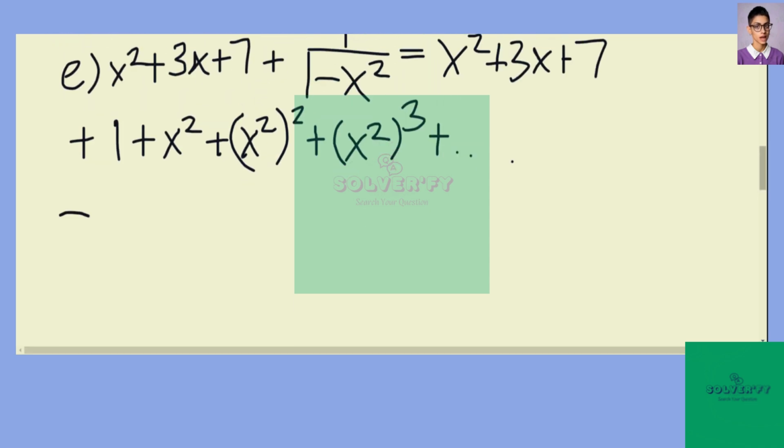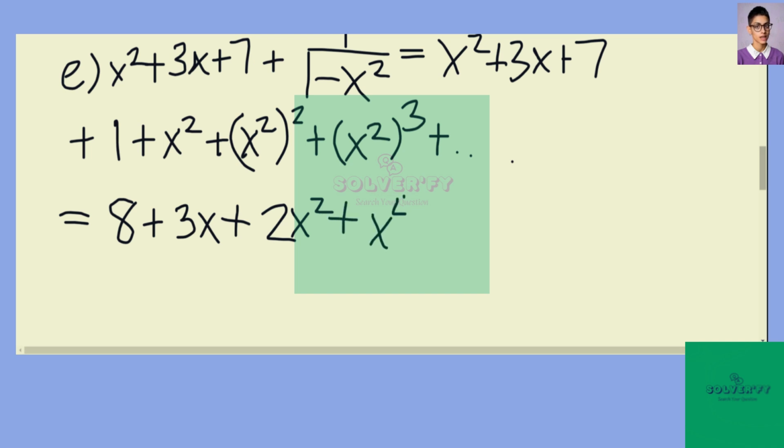And this is going to be equal to 1 plus 7 is 8, plus 3x, plus 1 plus 1x squared, which is 2x squared, plus x to the 4th, plus x to the 6th, and so on.